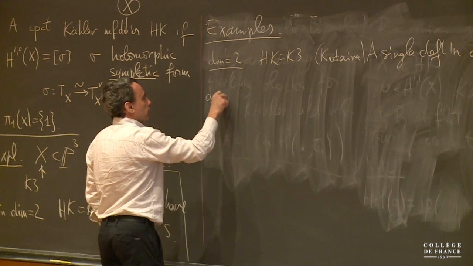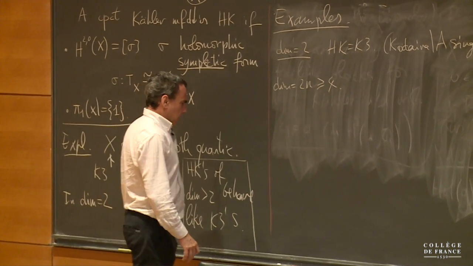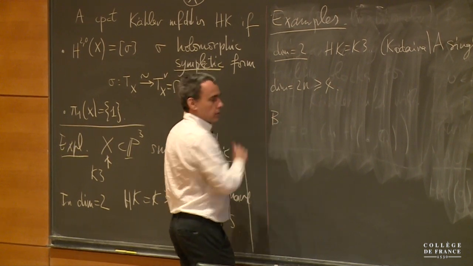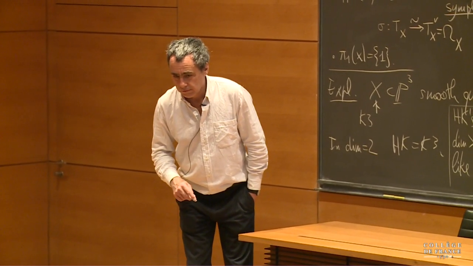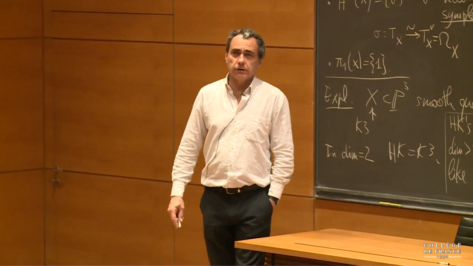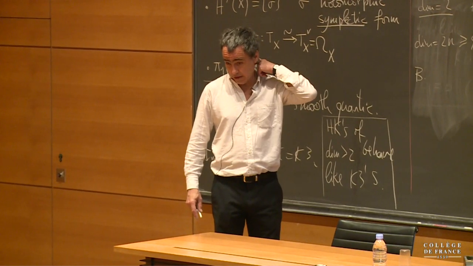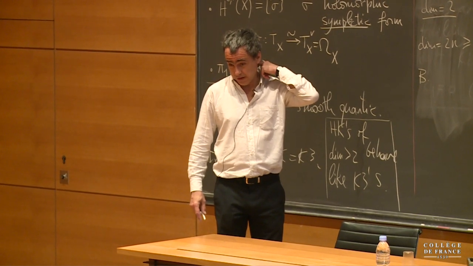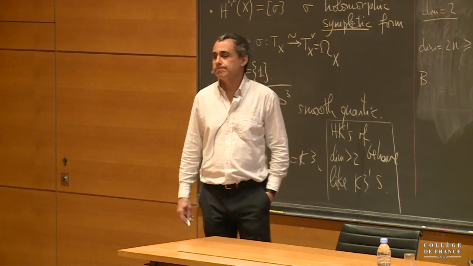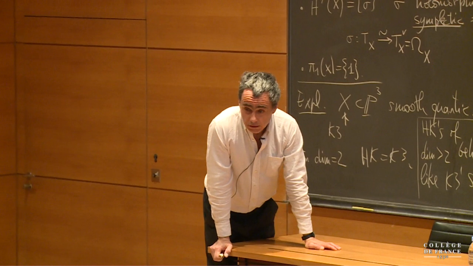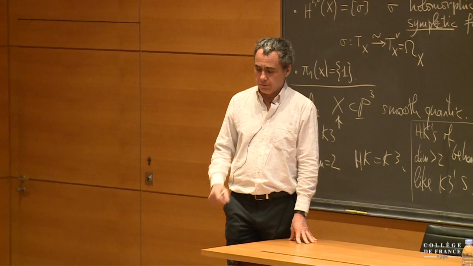We want examples in dimension at least 4. Kodaira did it deforming to elliptic surfaces. But actually, it's even easier to deform to the double cover of P2, or to quartics.